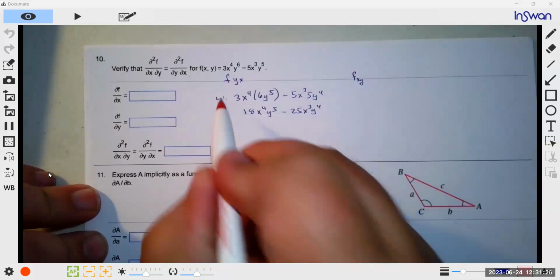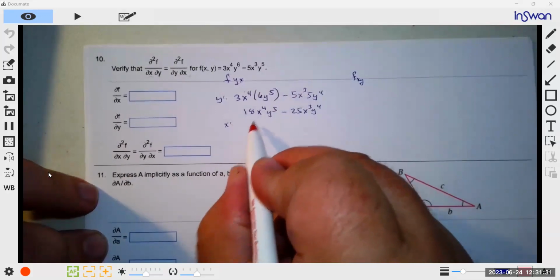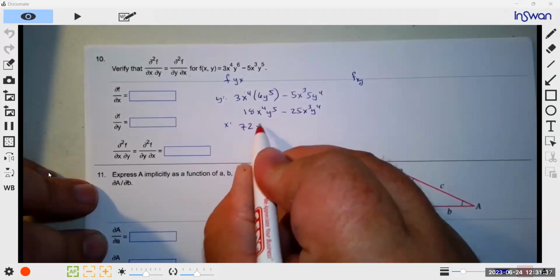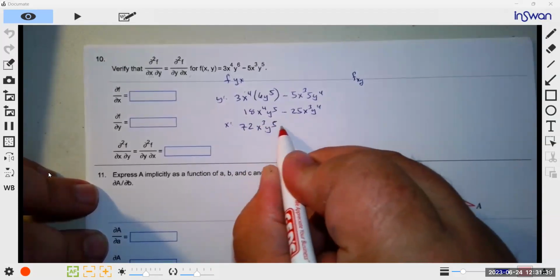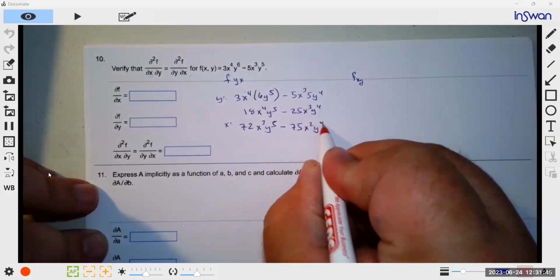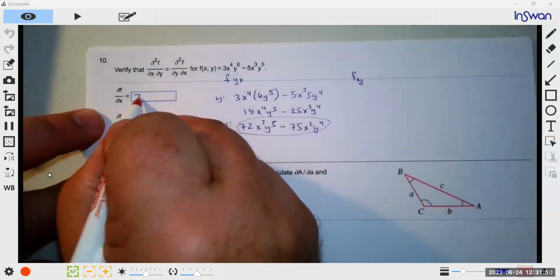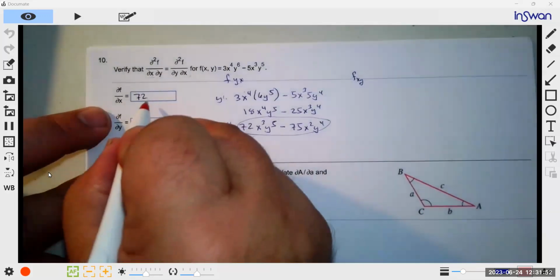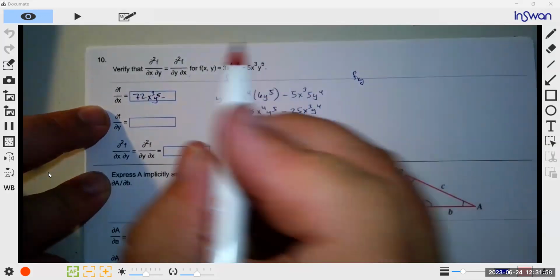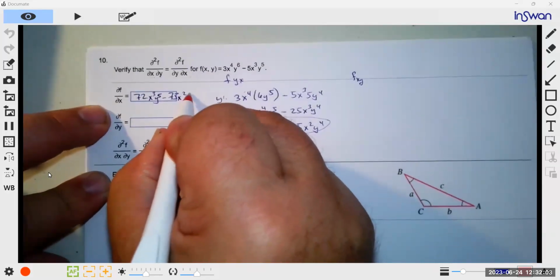That was with y. Now we take it with respect to x. 18 times 4, 72, x to the third, y to the fifth. 3 times 25 is 75, x squared, y fourth. So there's the first one: 72x cubed y fifth minus 75x squared y fourth.